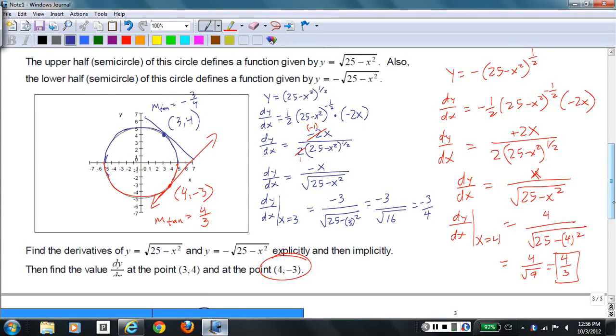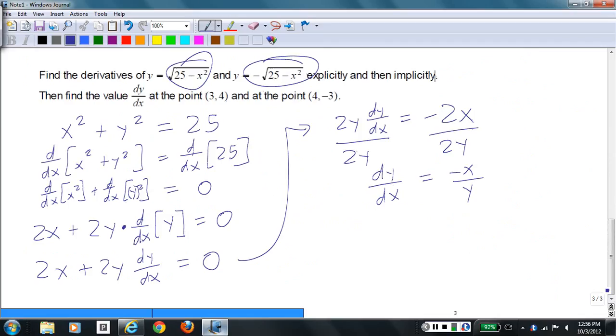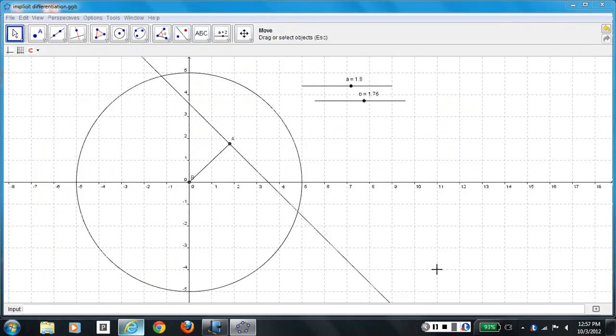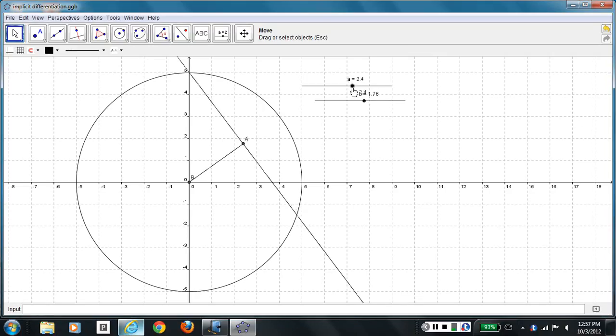All right, now I don't have a lot of extra time to burn, but at the risk of doing that, we've got the graph of x squared plus y squared equals 25. And the coordinates of this point can be controlled by the sliders A and B. I can move it to the right and to the left by moving A, and up and down by moving B, so we can adjust the coordinates there.